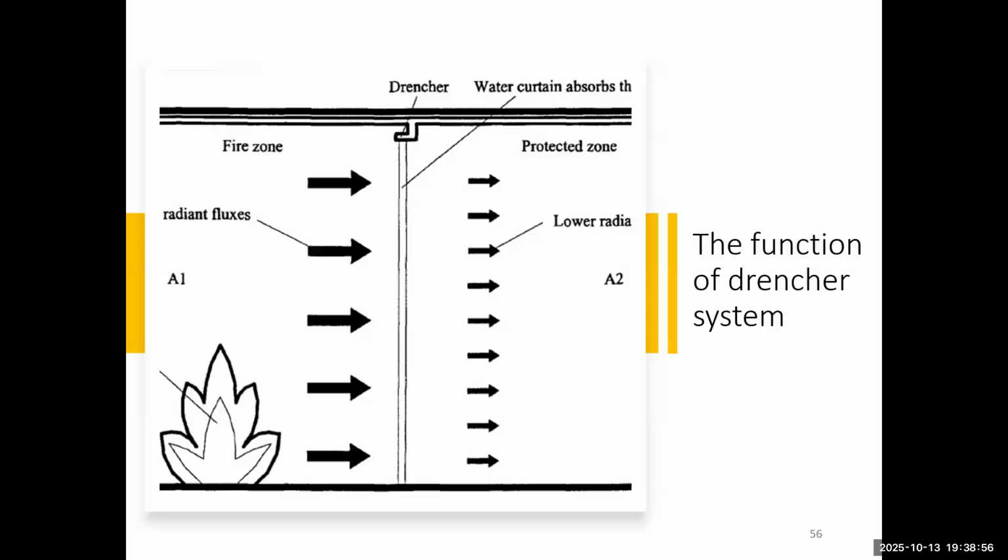And this diagram illustrates this principle. By using the drencher between these two compartments, the fire zone will be significantly contained, and the water curtains will absorb the heat radiation.